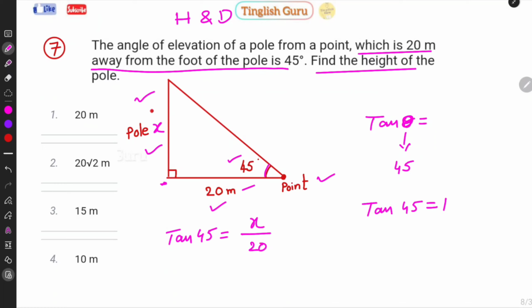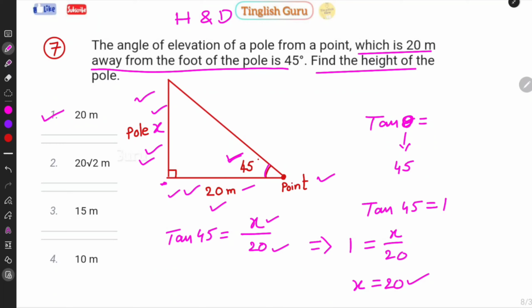This is the opposite side and this is the adjacent side. So tan 45 is equal to 1, that is equal to x by 20. Therefore the x value is equal to 20. So remember, whenever you find the angle 45, both the base and the perpendicular are of equal length. So our option will be option 1.